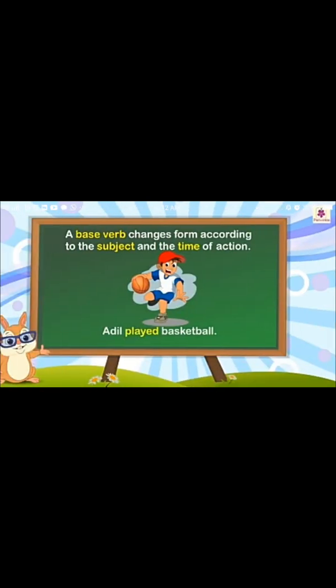Third sentence. Adil played football. So it belongs to past time. That's why we have used the second form of verb here. Adil played football. And if it had been Adil and Mohan, then it would be Adil and Mohan play basketball.